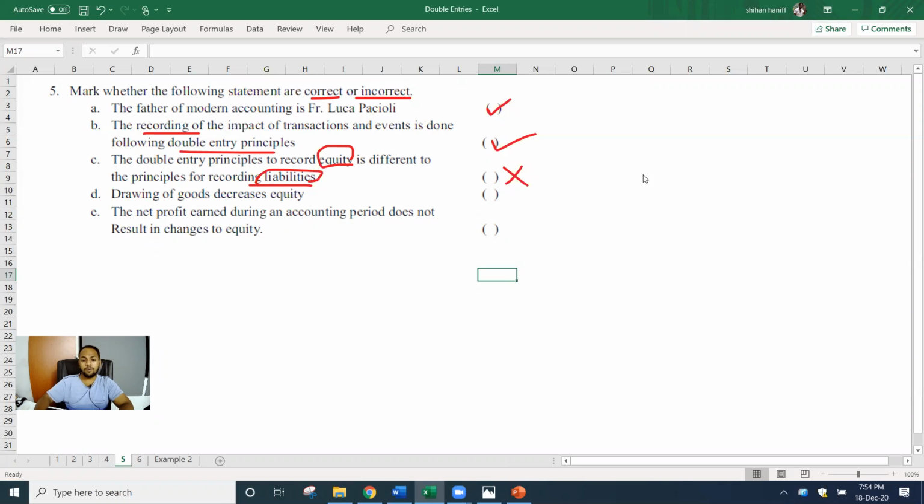You use the same principle for equity, income, liabilities. D. Drawings of goods decreases equity. When the owner takes goods from the business, equity will reduce because of drawings.